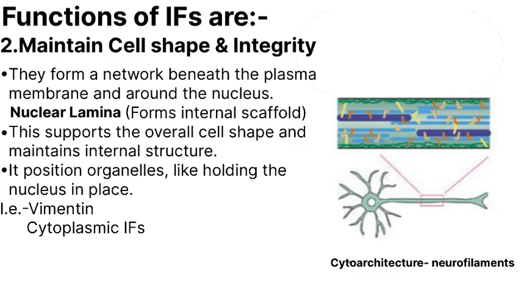And they anchor, which means they help to position the organelles, especially holding the nucleus in place. For example, vimentin filaments keep the nucleus and the mitochondria properly arranged in connective tissue. They provide shape, strength, and support to the nuclear envelope in organizing the DNA. In the upcoming slides, we will learn about the nuclear envelope in detail.